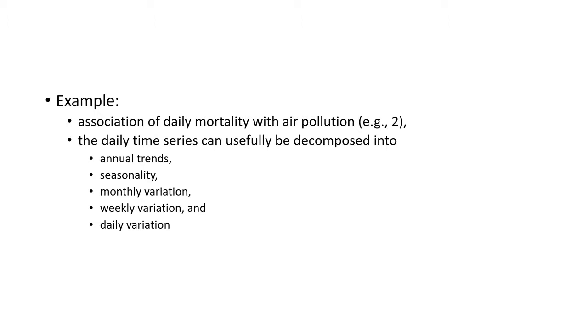Over 1 year, this is called trends. And within a year, you can see the seasonality. And within that seasonality, you can see monthly variation, weekly variation, and daily variation. So you have trends, you have seasonality, and you have variation.